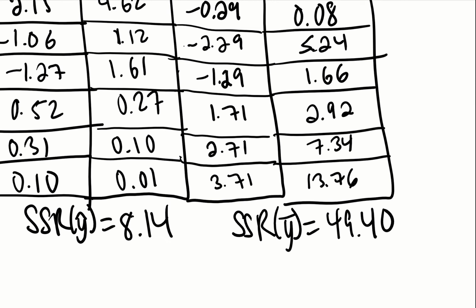So that's telling you that if you use the regression model, the sum of the squares for the errors is only about 8. But when you use the y bar, it's highly inaccurate and you get errors of about 49.4. This indicates to me that because the error got high when we used y bar compared to using y hat, this is a pretty good regression model. When we switch from the average to the regression model, the errors reduce drastically.